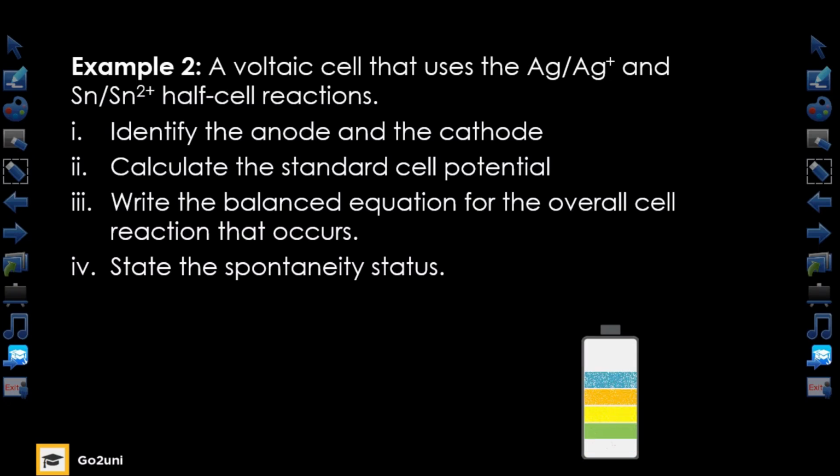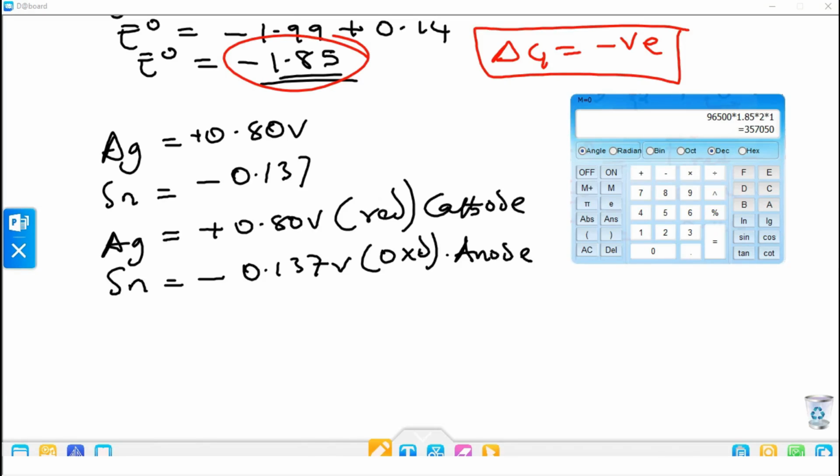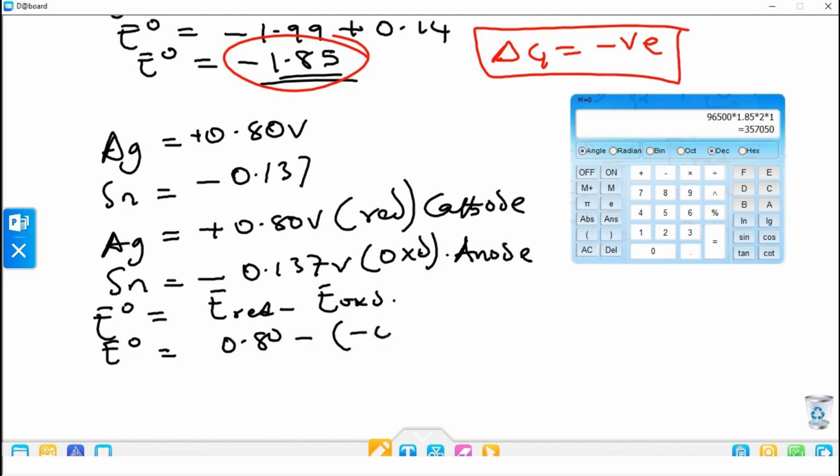The next question says calculate the standard cell potential. So the standard cell potential is going to be E0 equals E reduction minus E oxidation. The reduction is silver, that is 0.8, minus oxidation is tin, that is minus 0.137.